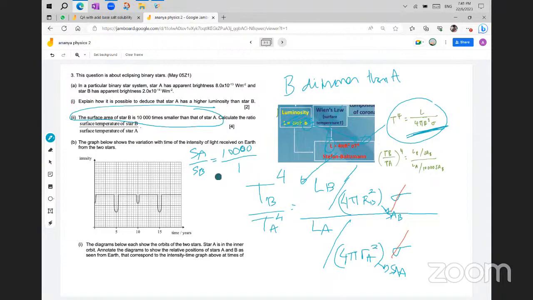And I'm looking for cancellation. Cancel what you can if we can. Let me just confirm that you can simply cancel the SA and SB with the SA and SB, right? You can. Am I correct? You can do that.